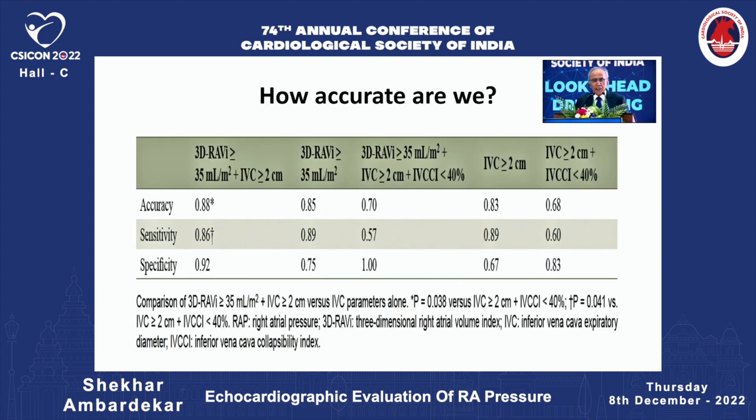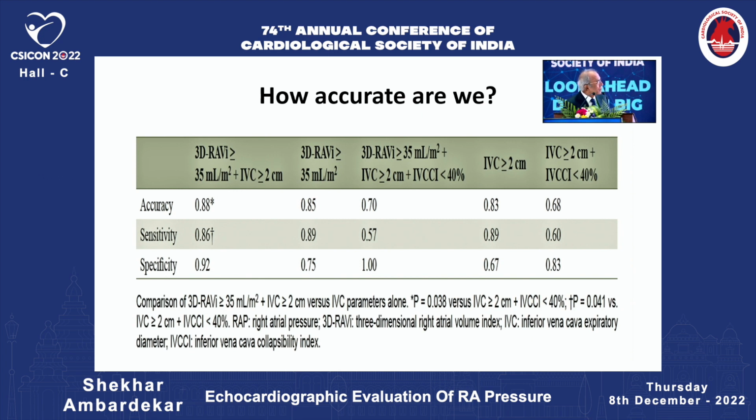So with all this, how accurate are we? If we use any one of these parameters, see, if we only use one parameter, IVC dilated, then okay, sensitivity will be increased because you are going to pick up more and more cases. However, specificity will drop, because IVC can be increased in size in some other conditions. Okay.